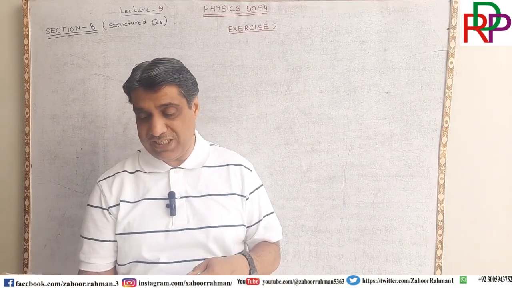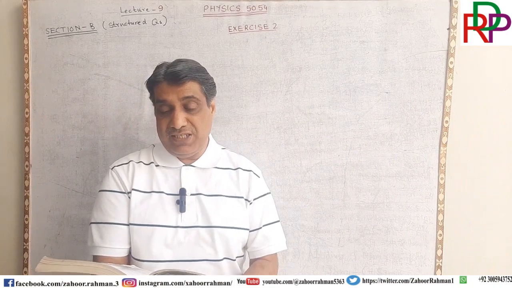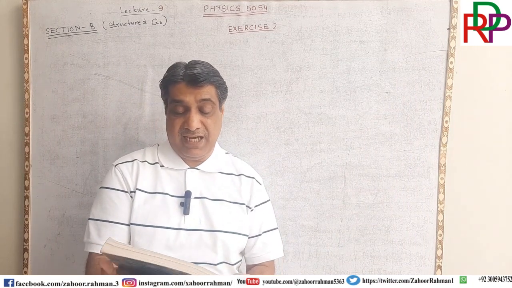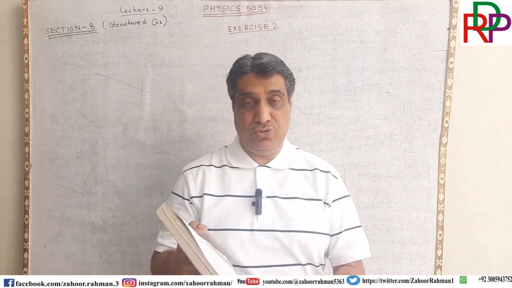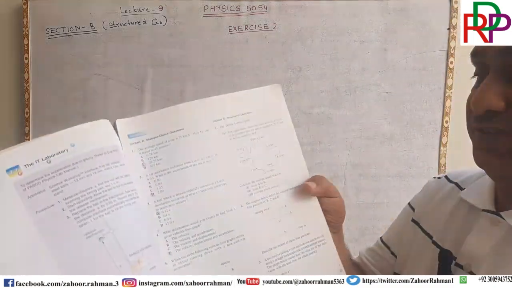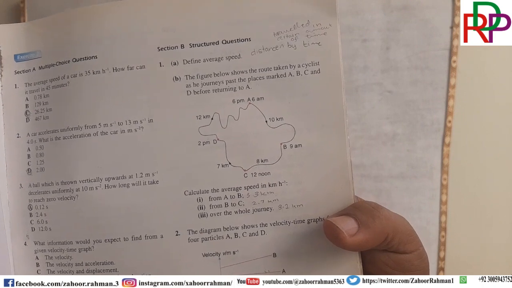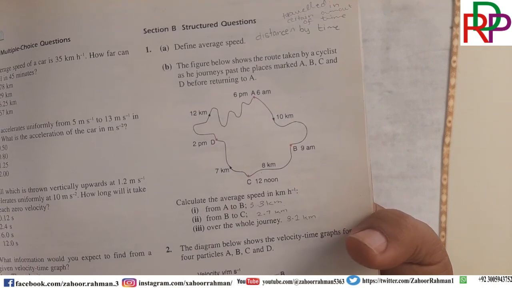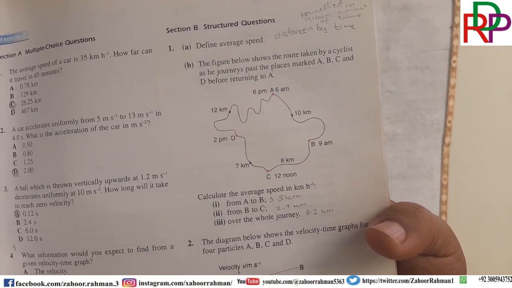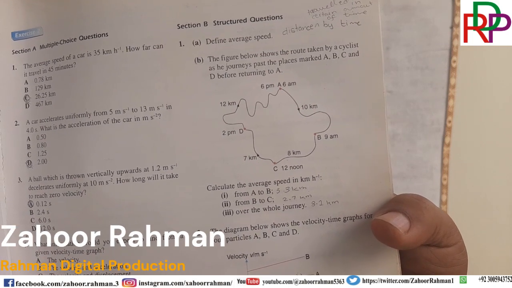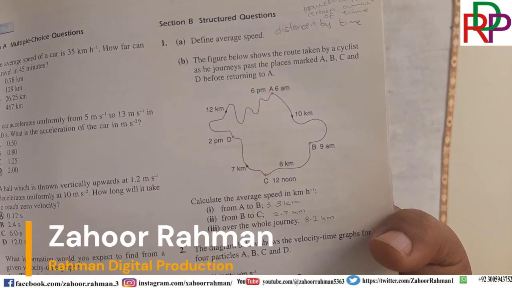Now the second question. I took this book in my hand because I wanted to show you the figure. See this figure. If you are not understanding this figure, stop the video, understand it, and then come back to the solution.